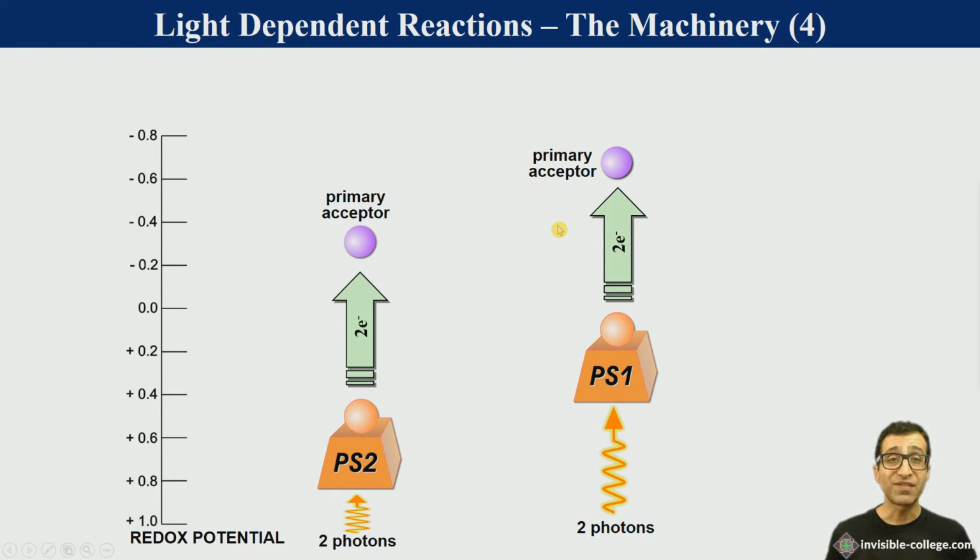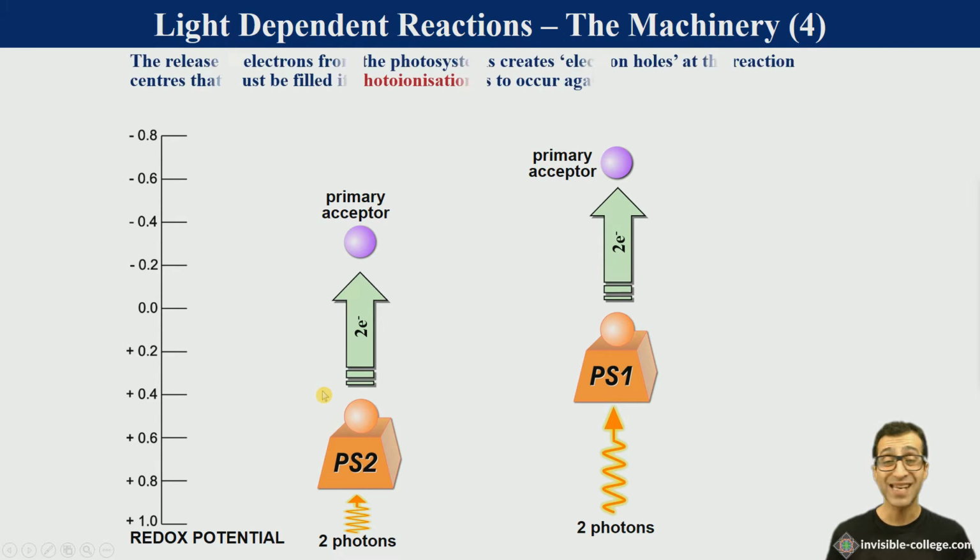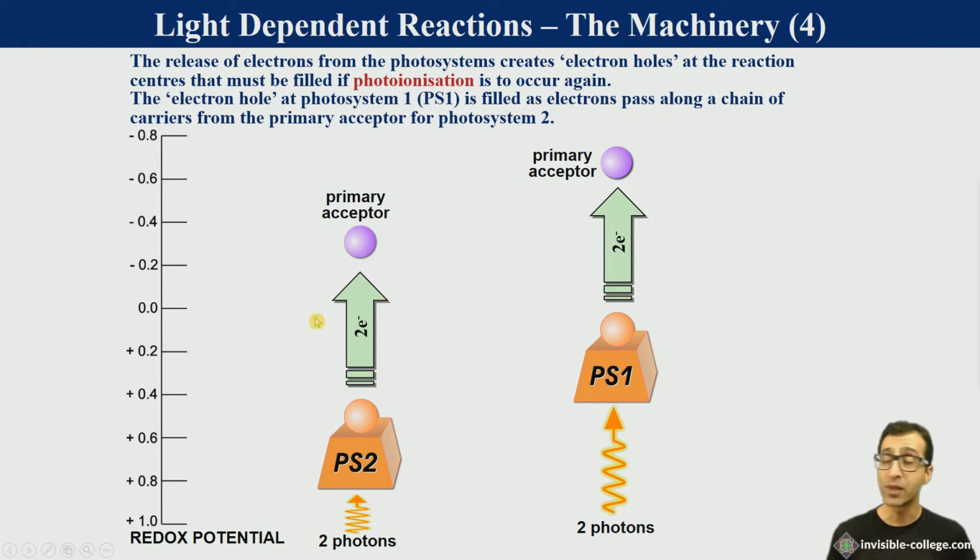So the release of the electrons from the photosystems creates what we can refer to as electron holes at the reaction centers. Now these must be filled if photoionization is to occur again. So the electron hole in photosystem 1 is filled because the electrons pass down the chain of carriers from the primary acceptor for photosystem 2 in this manner.